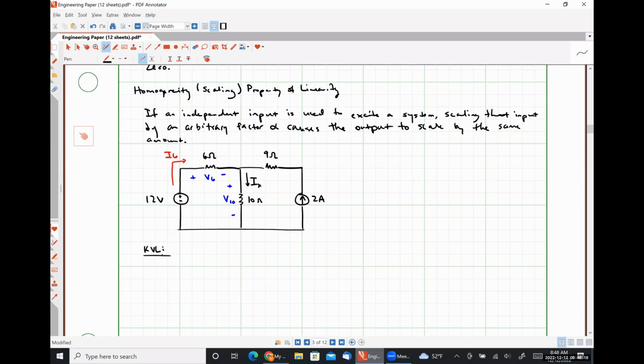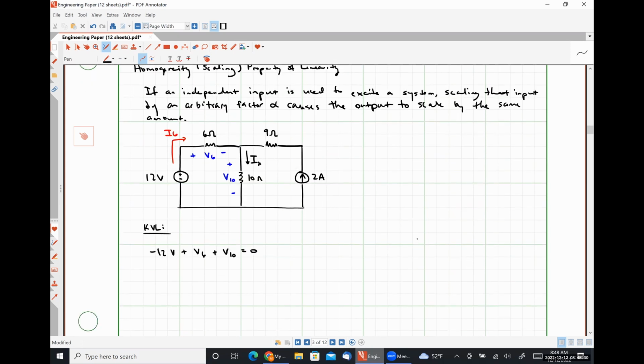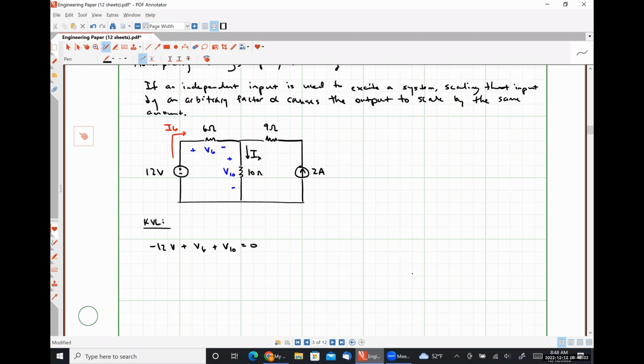If we write a KVL equation around our leftmost loop, we'll find negative 12 volts plus V6 plus V10 is equal to 0. If we write a KCL expression for our top middle node where the currents that are leaving the node are positive, we'll have negative I6 plus IX. Sorry, this 2-amp source should be a 4-amp source now since we're scaling it by a factor of 2.